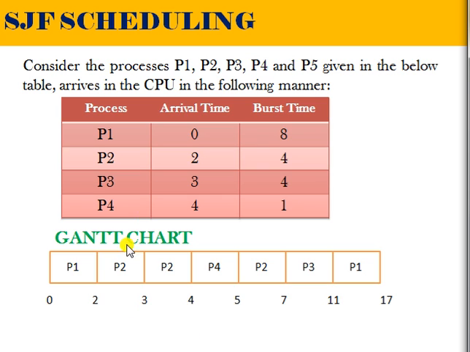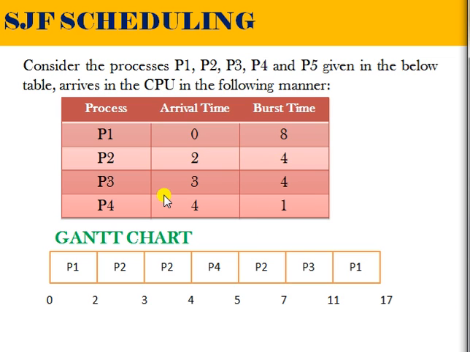Next, by the time P4 has completed its execution, we have three available processes: P1 with 6, P2 with 2 and P3 with 4. Among the three, the burst time of P2 is the least among all of them.